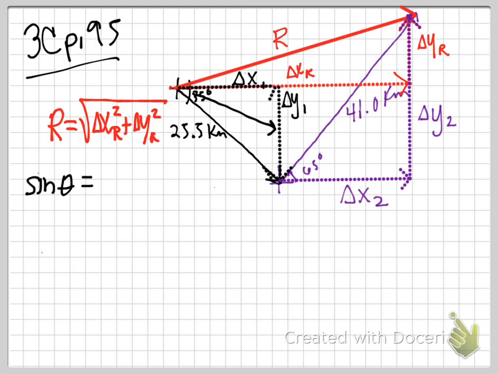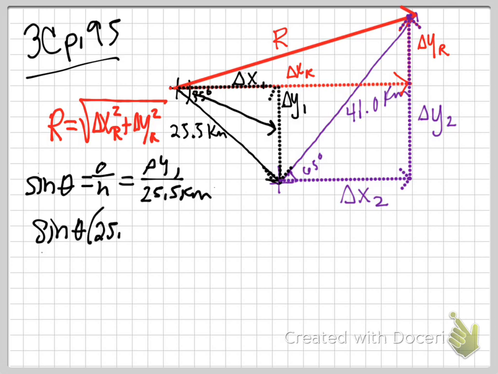So, opposite over hypotenuse, which in this case is going to be delta y1 over the 25.5 km. And we can solve that and say that the sine of theta times 25.5 km will give us our delta y1. Easy enough.